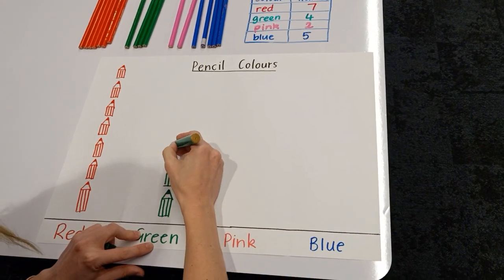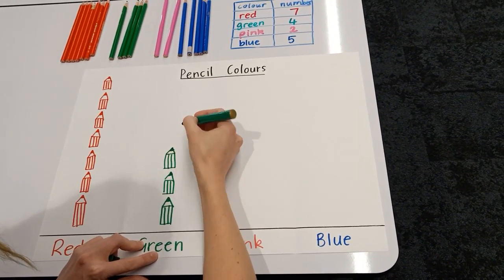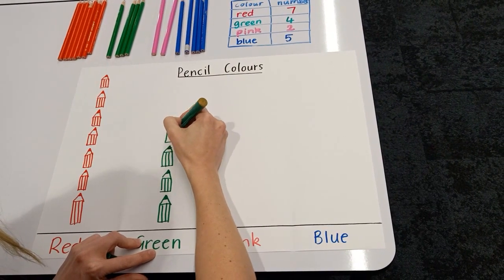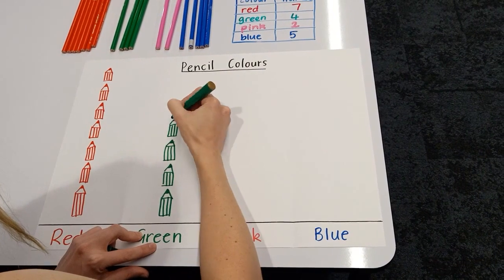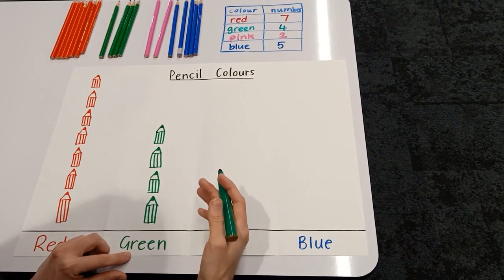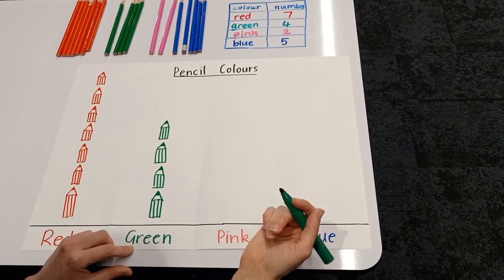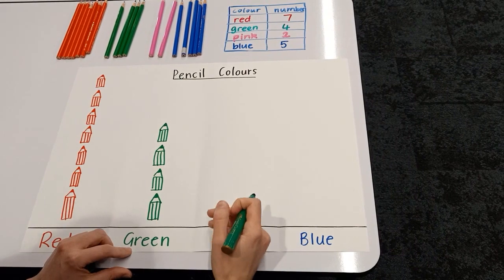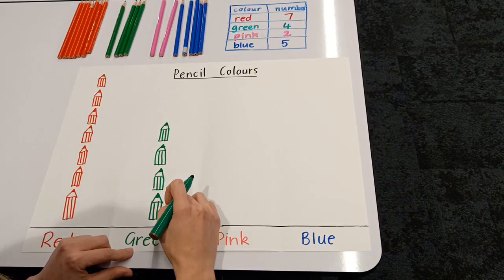Now, I'm not really doing that. I'm not showing you how neat I can draw. And the reason is because I am really rushing to try and get through this video so that it's not too long. But I want you to take your time and make sure your pictures are nice and neat and I can tell what they are. If you just do a little line, I'm not going to know what that is. I want to see that it's a pencil. Okay? So I've done my 4 green ones. 1, 2, 3, 4.